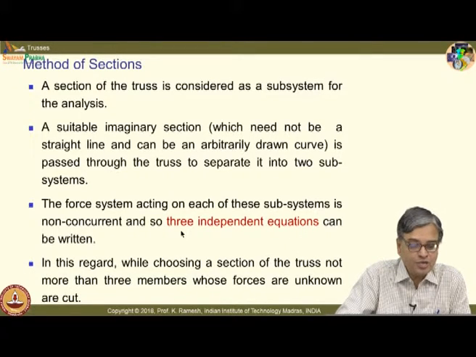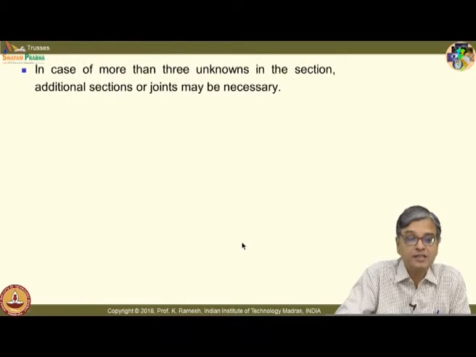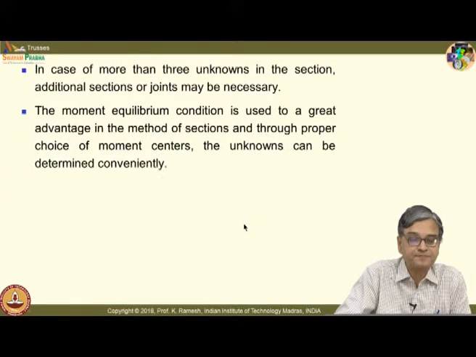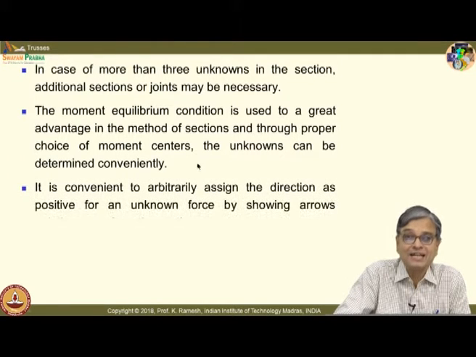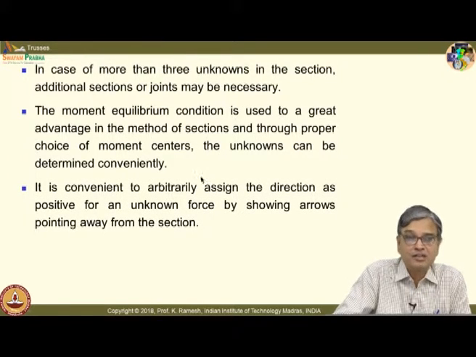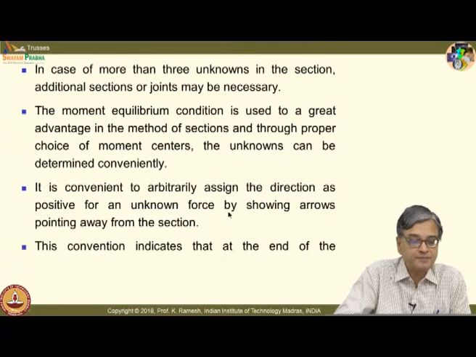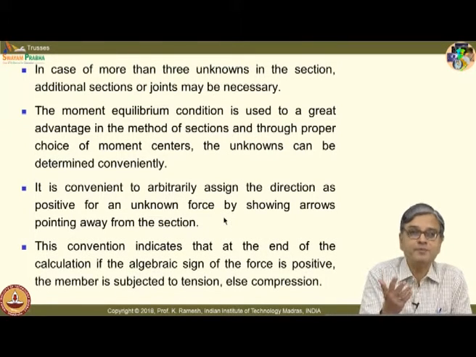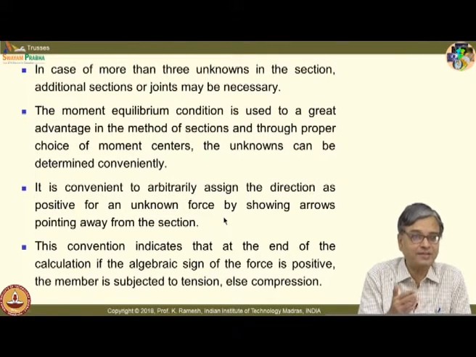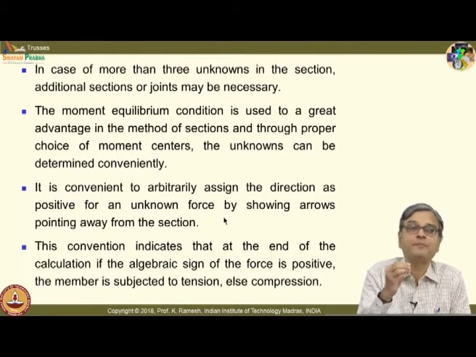Generally you choose a section where 3 members whose forces are unknown are cut, but we have seen a special case where we had more unknowns, but we utilized the equilibrium equations appropriately, particularly the moment equilibrium. So, we could still get the answer even with 4 members. That means one of the members you will be able to calculate. Still you will have the difficulty if you have to find out all the unknowns, then it may not be sufficient. So, you should look at it in that context.